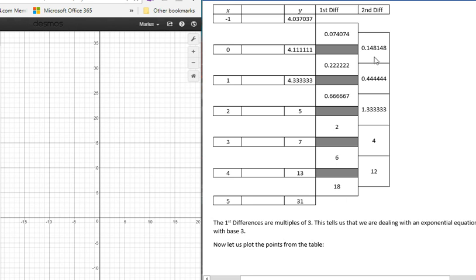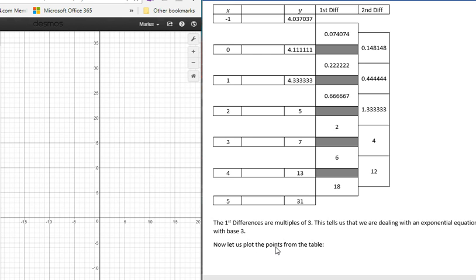The second differences go up in multiples of 3, but they are of no relevance for now. As we can see, the first differences multiply by 3, so that tells us we are dealing with an exponential equation with base 3.